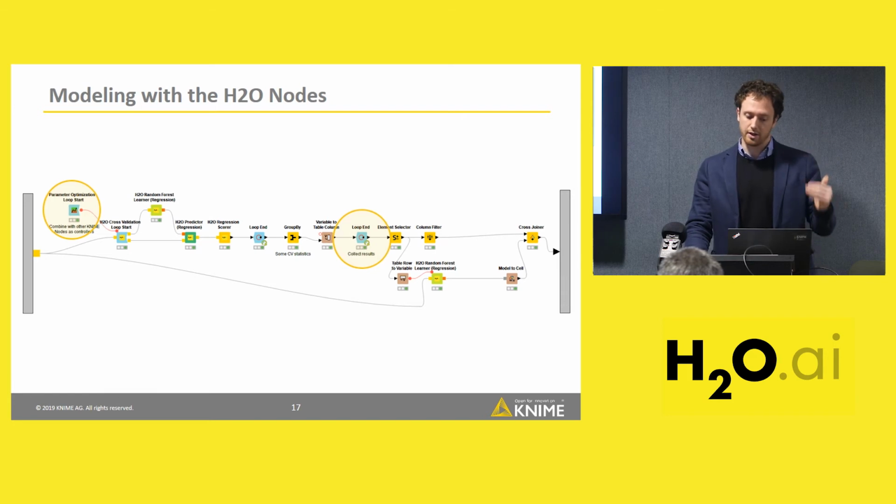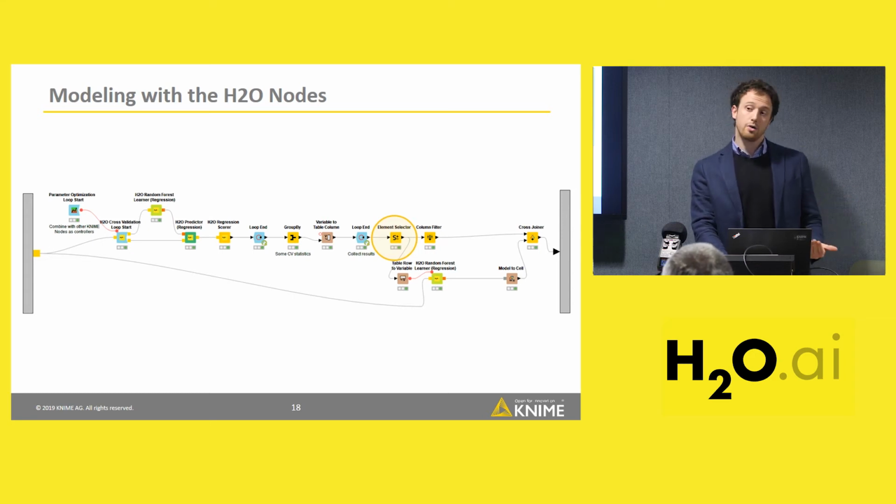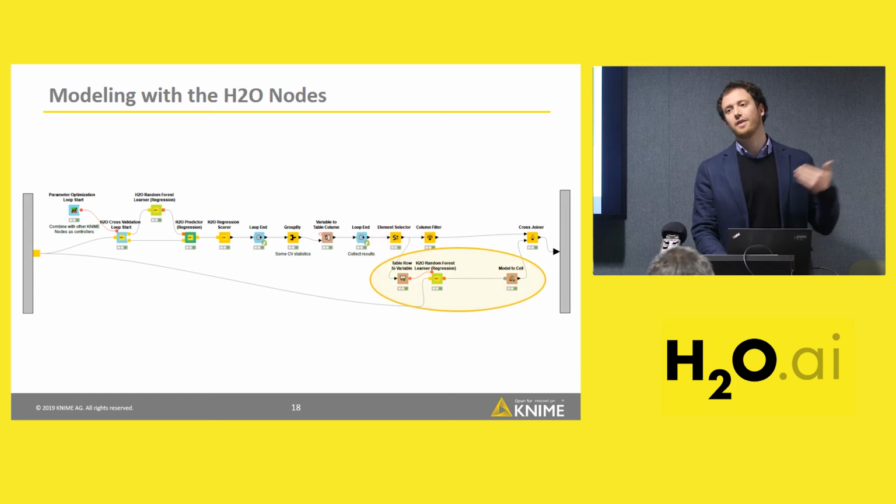You have an average error, and then this average error will also be used in the end to select the best combination of hyperparameters, right? And once we know the best combination of hyperparameters, we are going to retrain the regression on the entire train set.